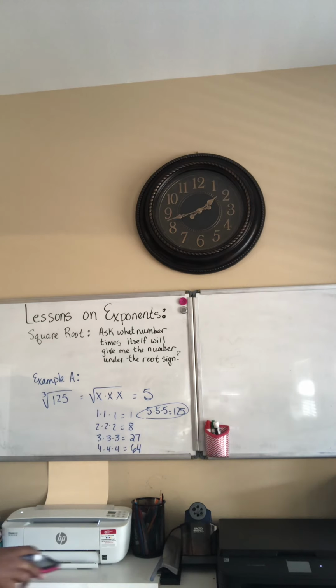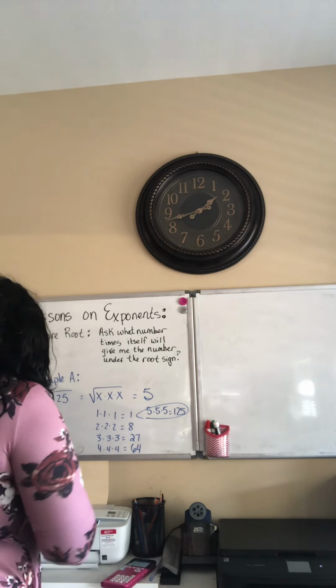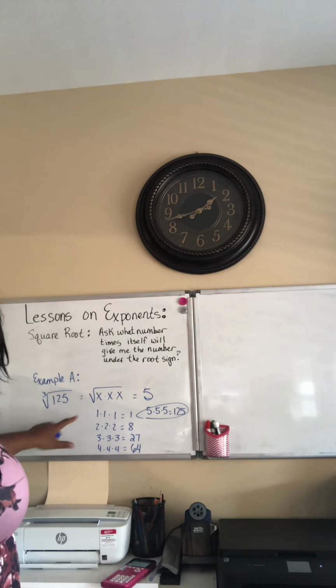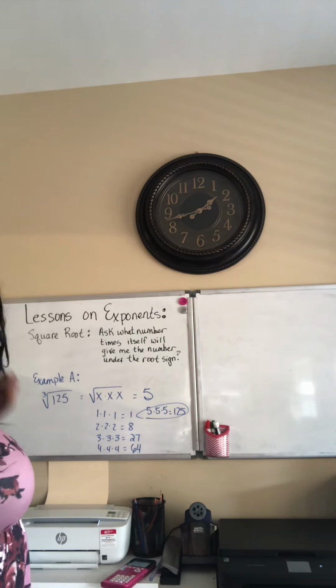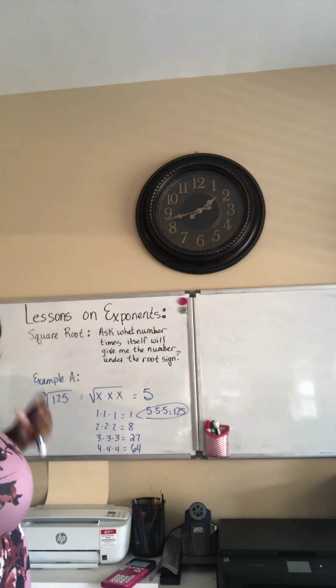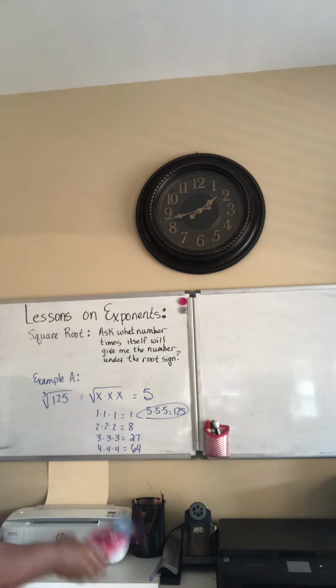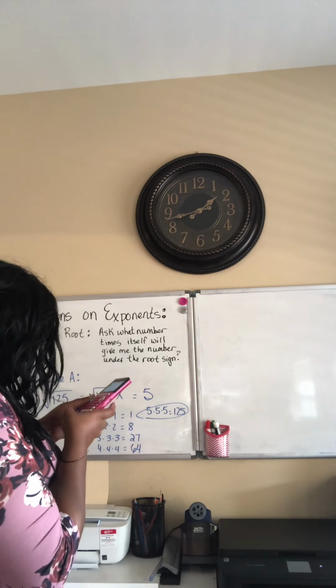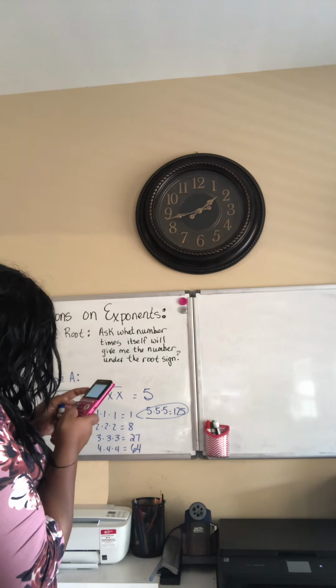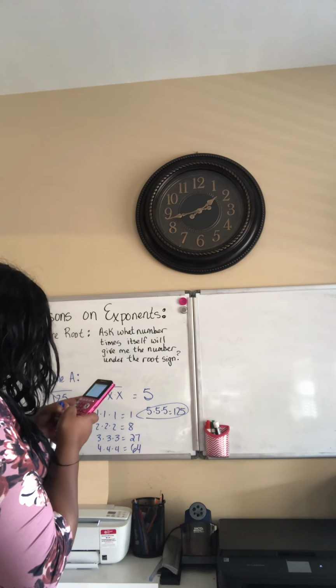Okay? You can get to the answer if you work your way through the numbers. And if you have a calculator, I'll have to show you how to get to it on the calculator. I'm trying to remember how to do it on this one. I know there's a way. I don't know what it is.